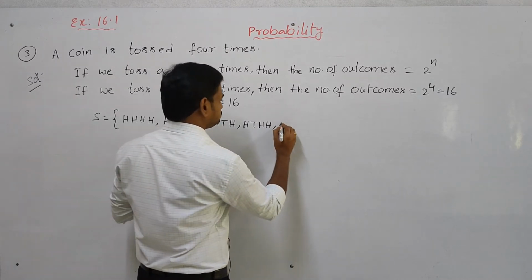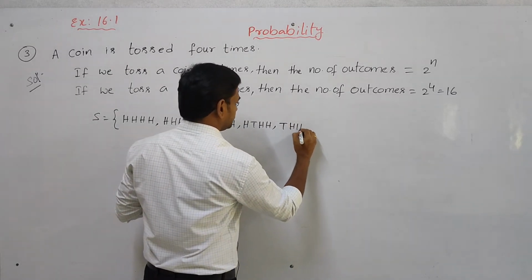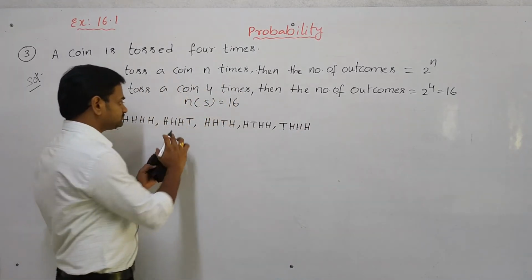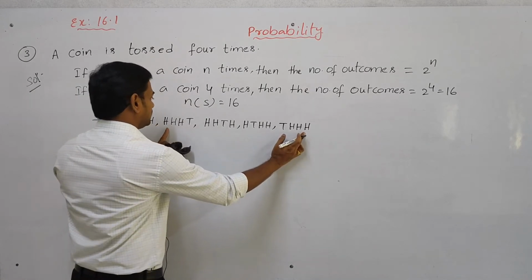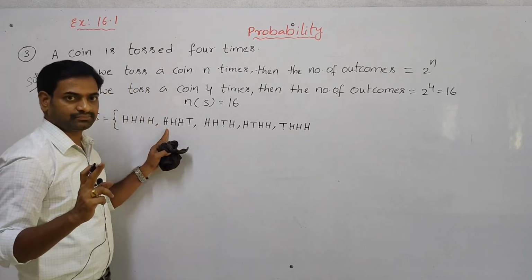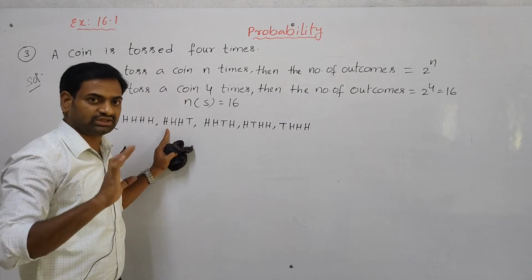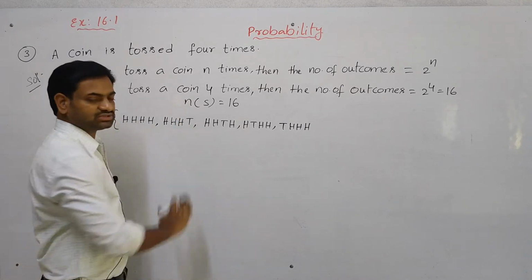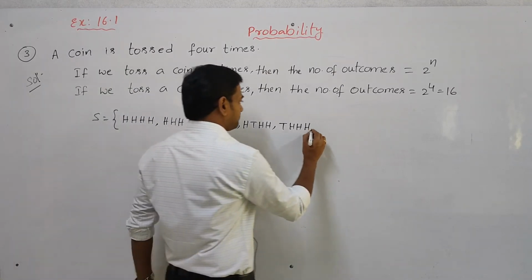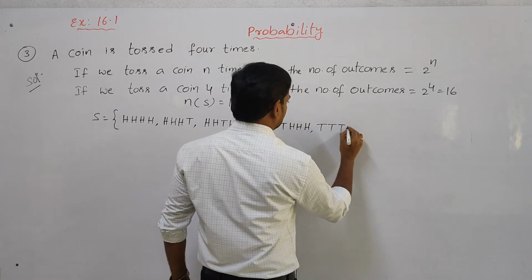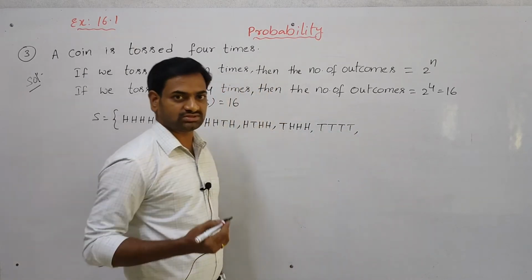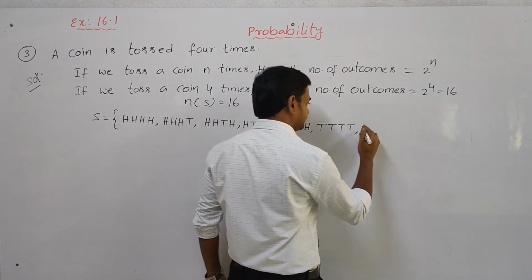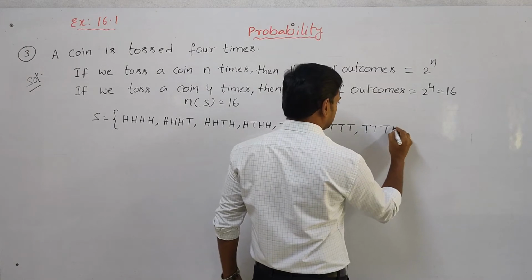next tail, head, head, head. So if you observe here, from here to here 3 heads, 1 tail. Here 4 heads, and the others are 3 heads. Next, I am taking all tails, 4 tails, it is one of the possibilities. Next, in place of tail, take 1 head: tail, tail, tail, head.